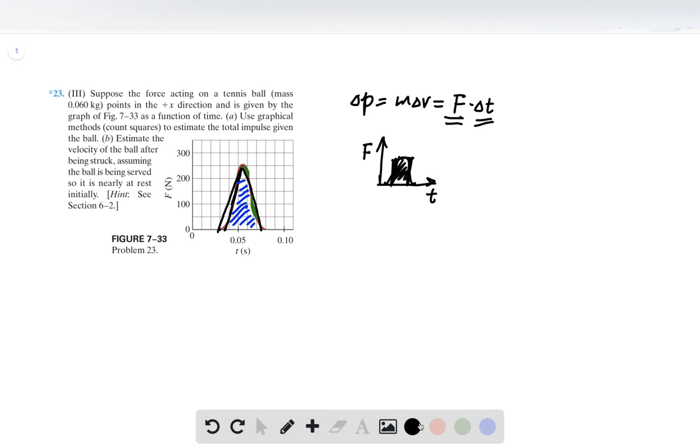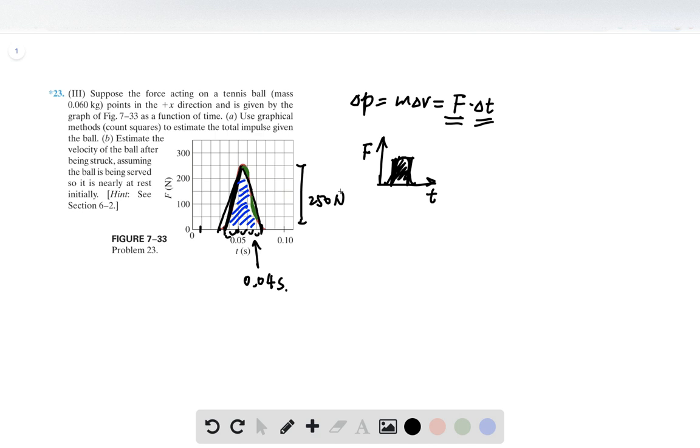If I use the triangle method, this is 0.05, so roughly each square is 0.01. I am drawing this line roughly at the middle, and the same here. So between the widths, it's a total of 4 grids, so it's 0.04 seconds. And the height is 250 Newtons.